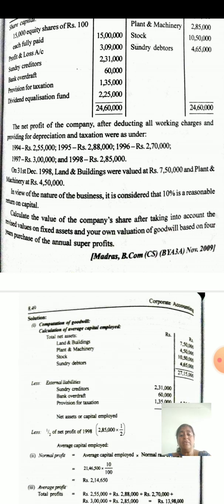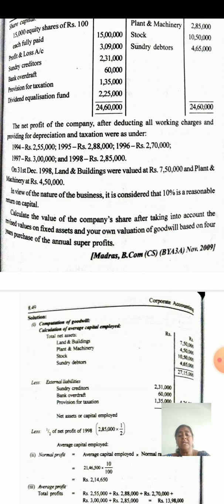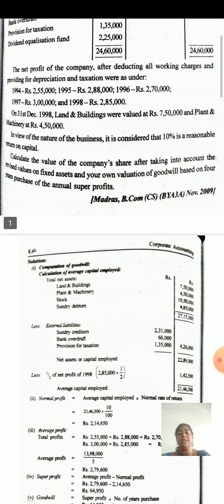The date given is the last year, 1998. In view of the nature of the business, it is considered reasonable that half of the net profit should be deducted from the capital.